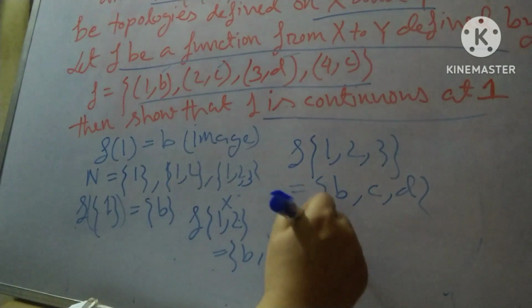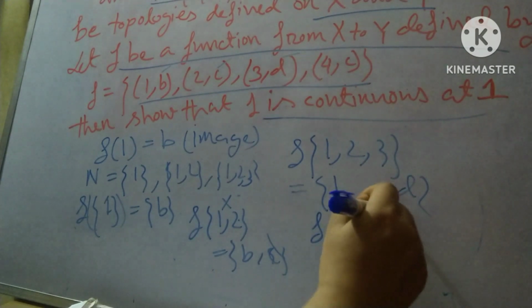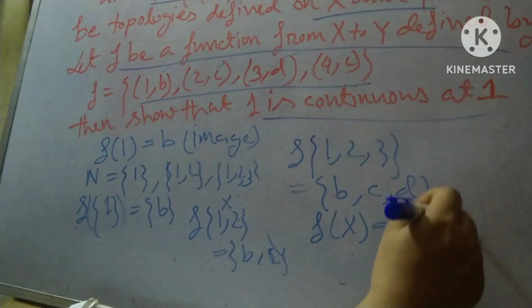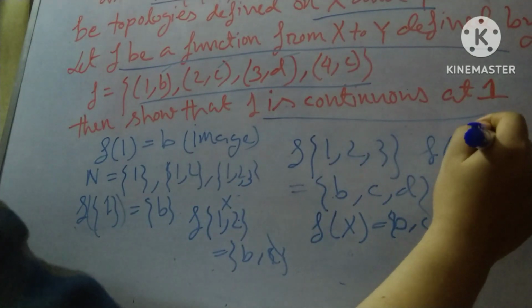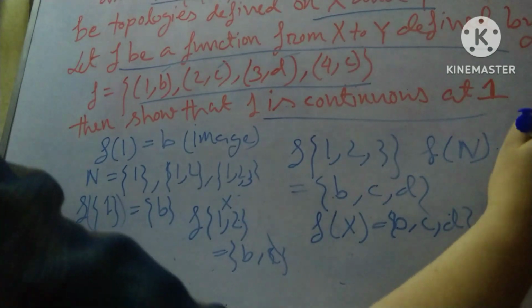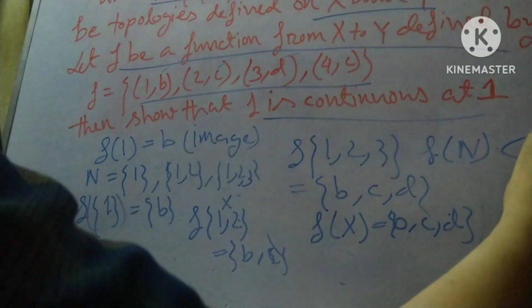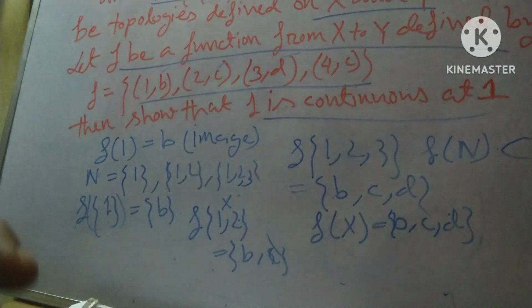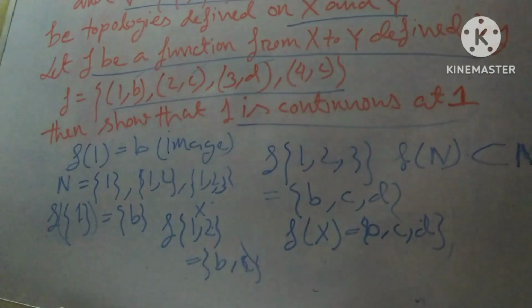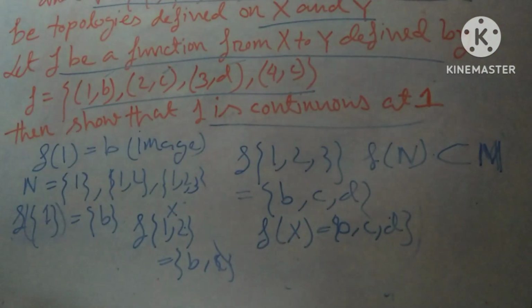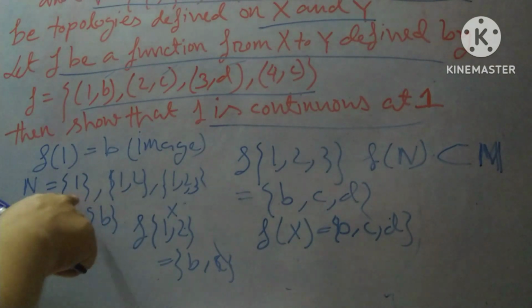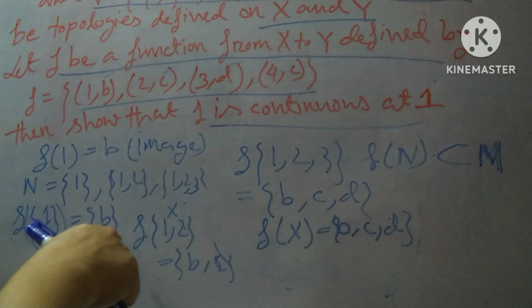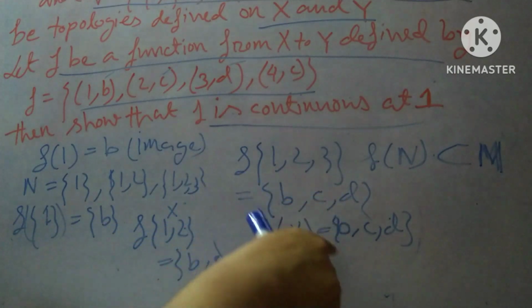And f(X) equals {b, c, d}. So what is my condition, friends? I have already told that f(N) means the neighborhood of 1 is a subset of M. Clear friends? I hope it is clear. f(N) is a subset of M. So you will check {1}, {1, 2}, {1, 2, 3}. So it is {b}, {b, c}, {b, c, d}.